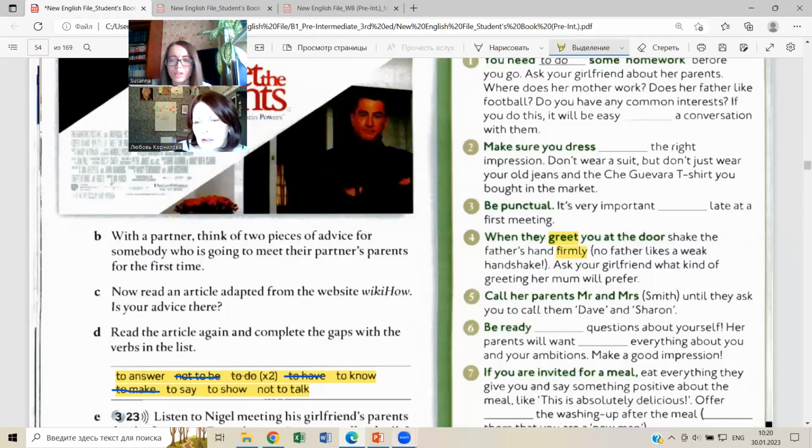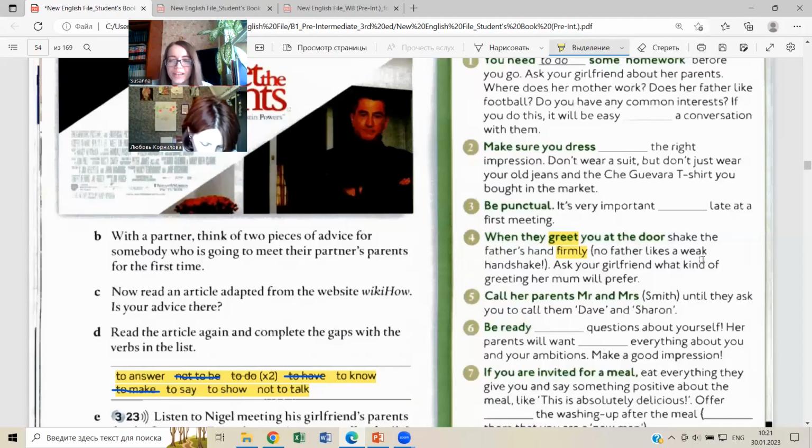You see here, no father likes a weak handshake, and it's a little bit humorous. A weak handshake. So, do you understand what it means? To shake a hand. Yes. Ну, это рукопожатие. Yes.